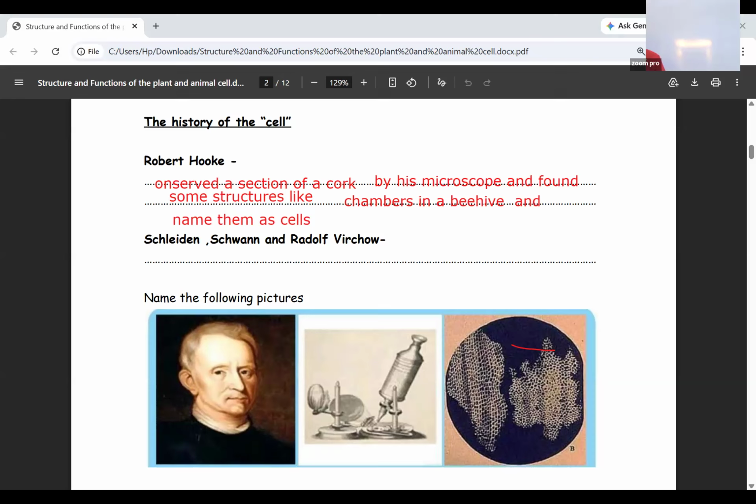Schleiden, Schwann, and Rudolf Virchow introduced the cell theory based on the facts revealed by observing different living tissues through the microscope.